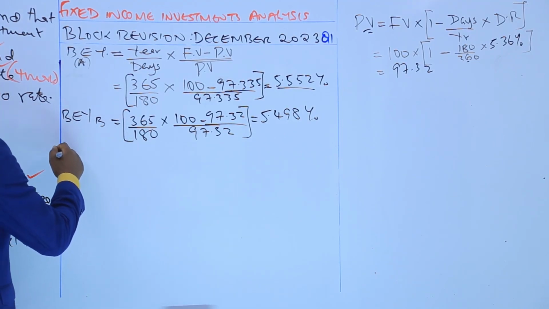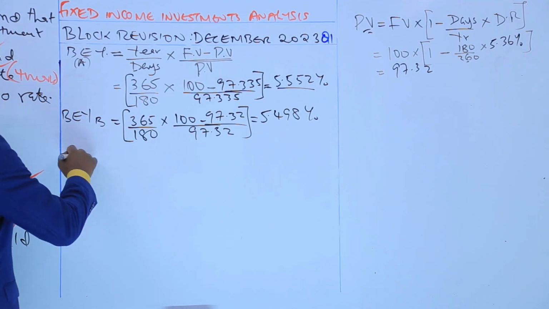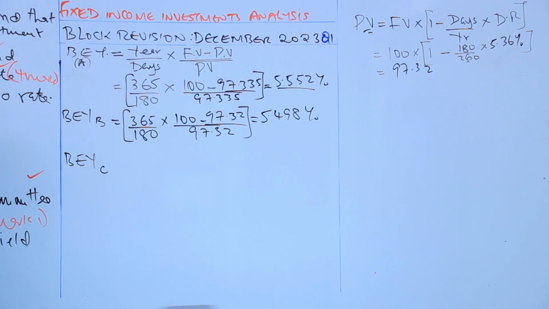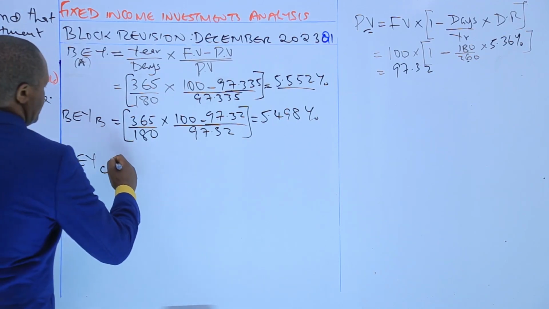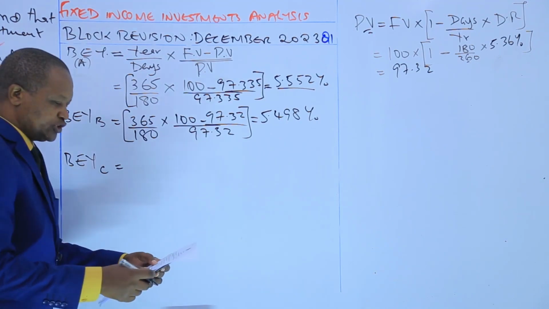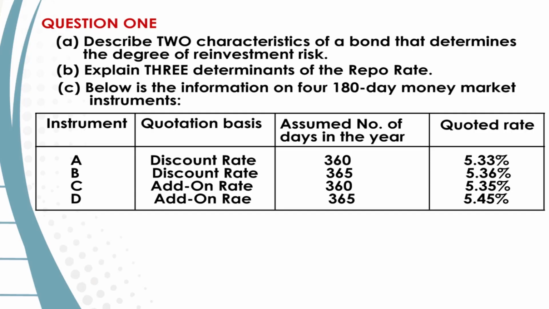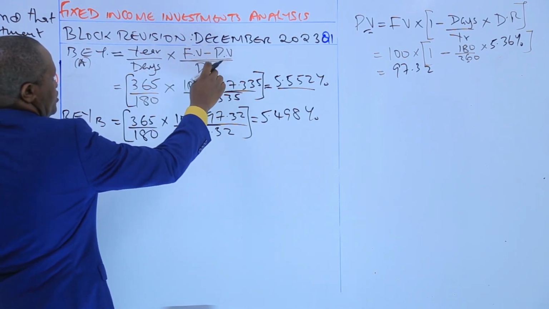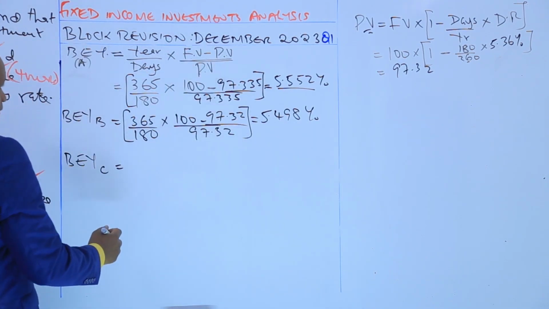We move on to the bond equivalent yield for instrument C. The quotation basis for instrument C is the add-on rate. The add-on rate is the quotation basis, and therefore the formula is going to remain the same: year over days times future value minus present value over the present value.